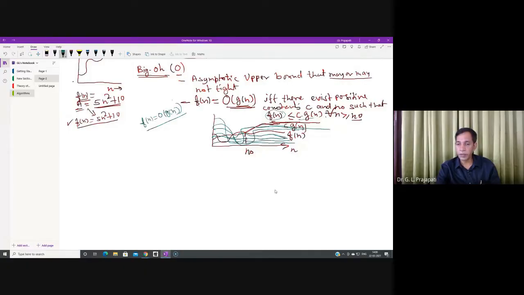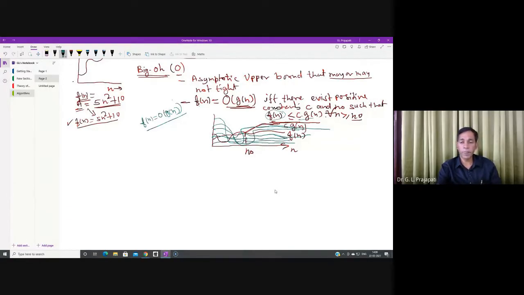If you say this f of n, then also its rate of growth is less than the rate of growth of c into g of n. So for all such f of n, you can also say that this f of n is big O of g of n.